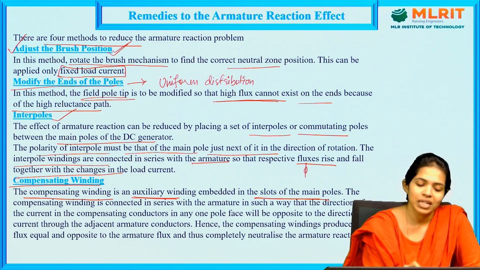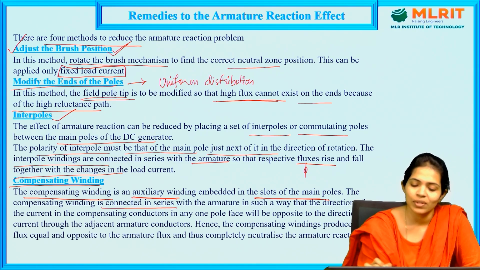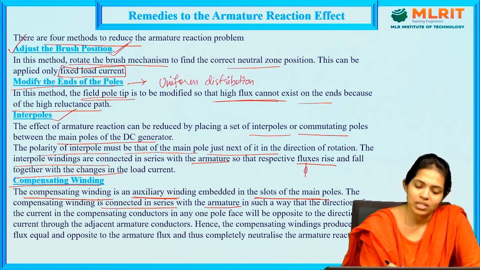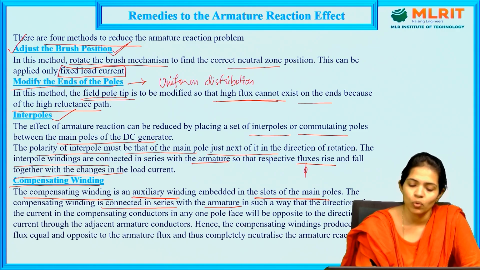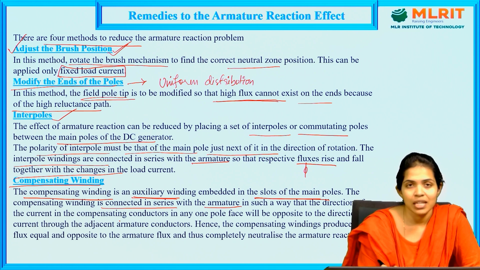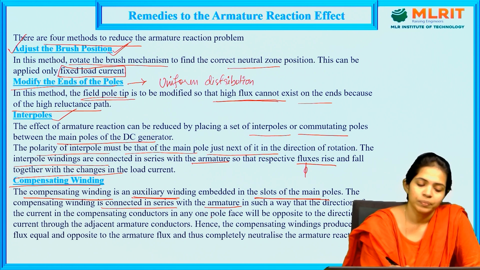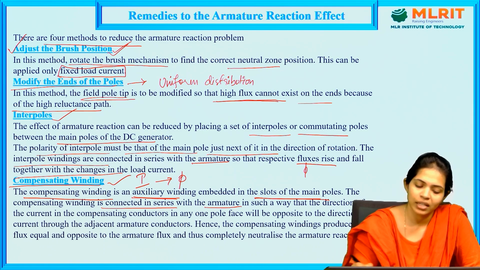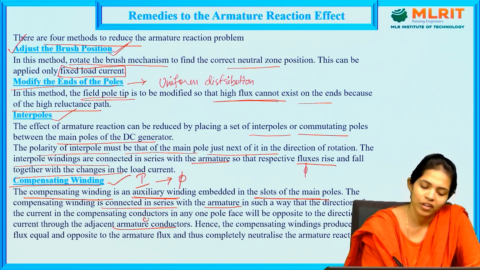The compensating winding is connected in series with the armature in such a way that the direction of current in the compensating conductors in any one pole will be opposite to the direction of currents in the adjacent armature conductors. We know that in the compensating winding, any amount of current will set up its own flux, and in the armature conductors we have armature flux.